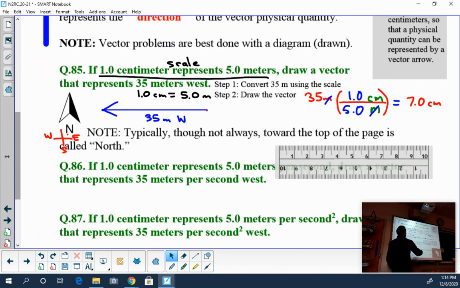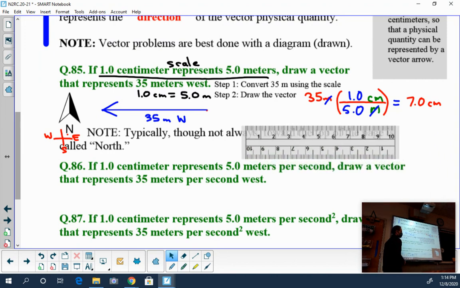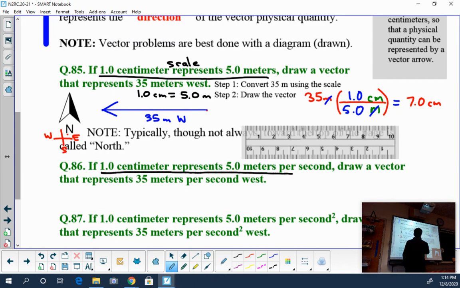So let's go down here. 1 centimeter represents 5 meters per second. Draw a vector that represents 35 meters per second west. Okay, well here, our conversion factor, our scale, just like before, is 1 to 5, except this time it's 1 centimeter represents 5 meters per second.